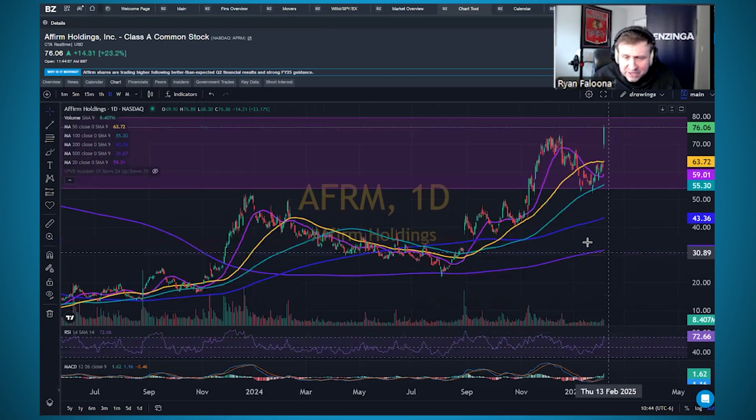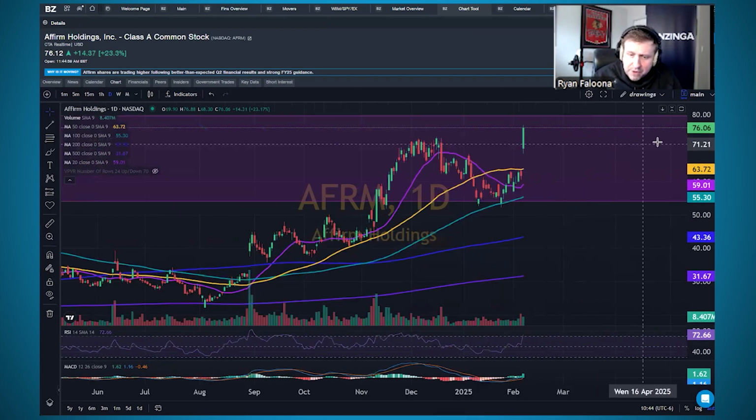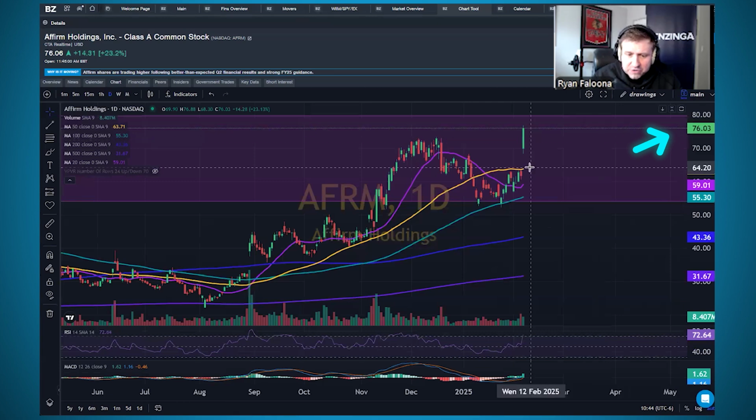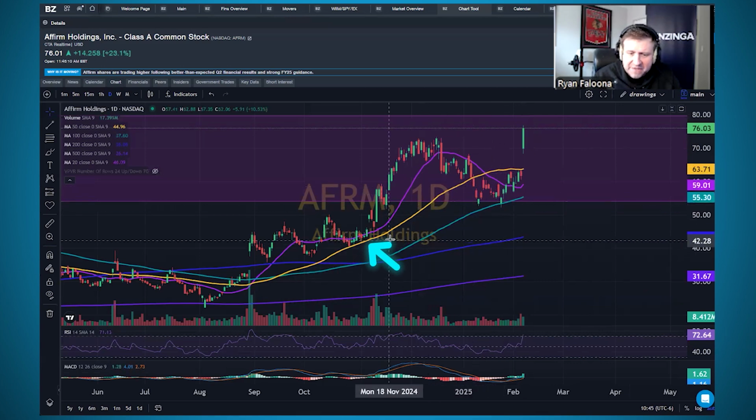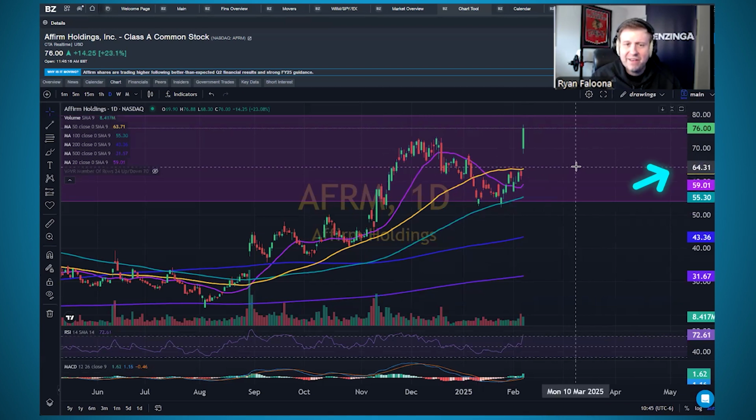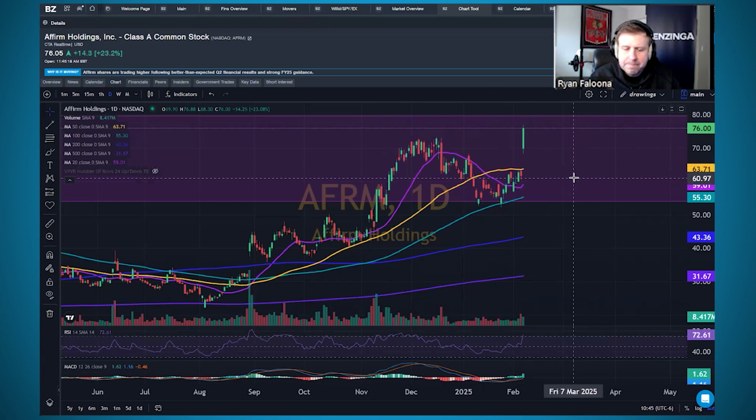On this daily chart, for example, with the price up here at $76 for AFRM, this yellow line that you see here is the 50-day moving average, and this value, 63.71, is now support.